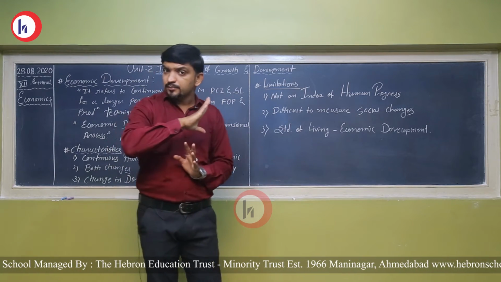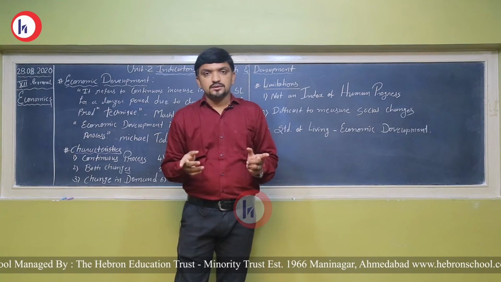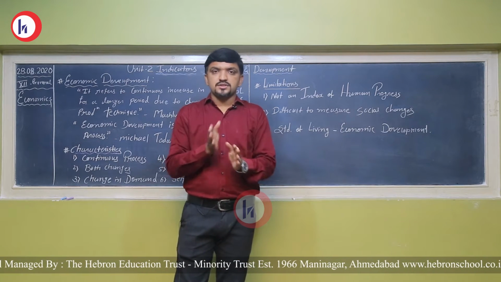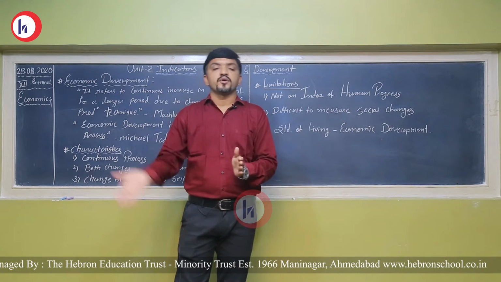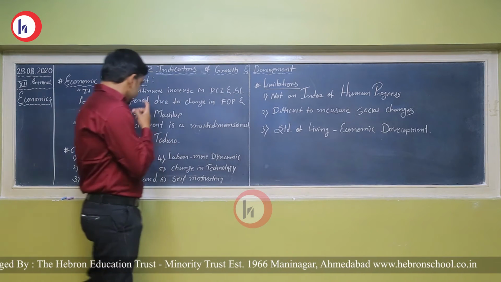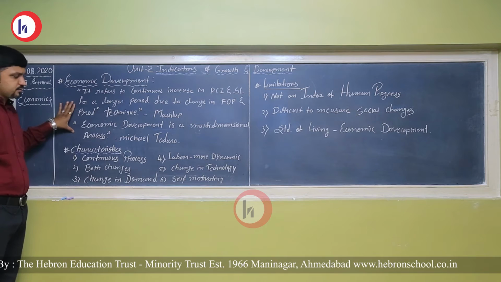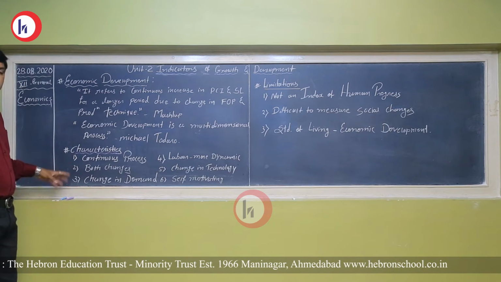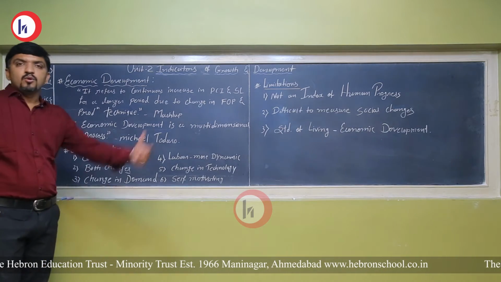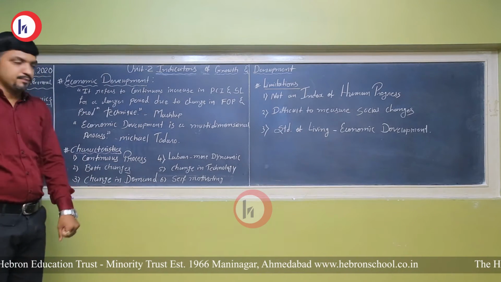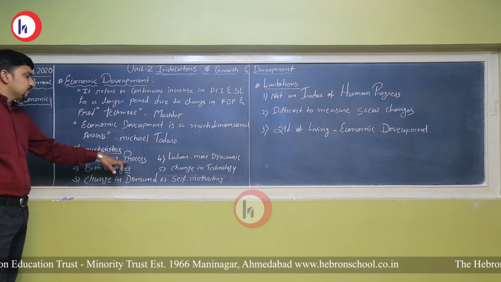Not only in the factor of production, but we want change in both. Change in factors as well as change in the techniques of production. So now, on the basis of these two definitions, here are few characteristics which will give us more clear understanding of the given concept, and the number one is continuous process.